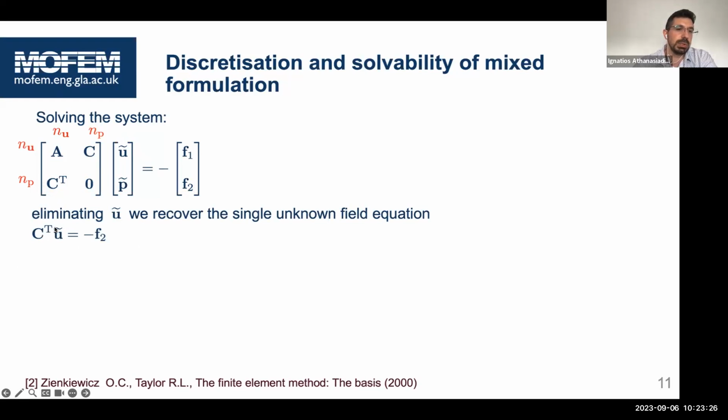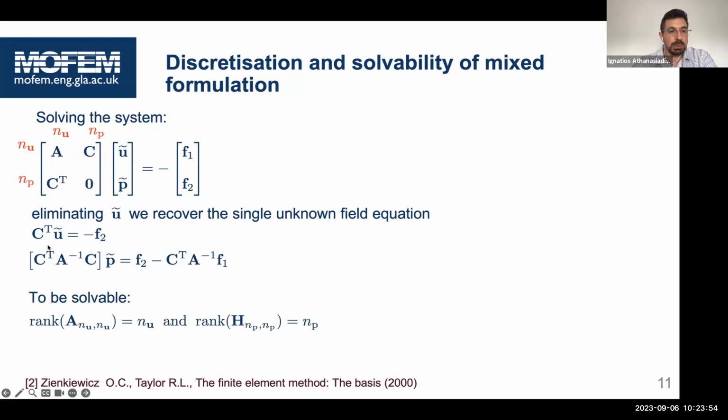And by solving for U tilde and taking into account the other multiplication, we can end up with another single unknown equation. However, to solve this equation involves two inversions. One being a matrix, and the other one being the multiplication of these three matrices.